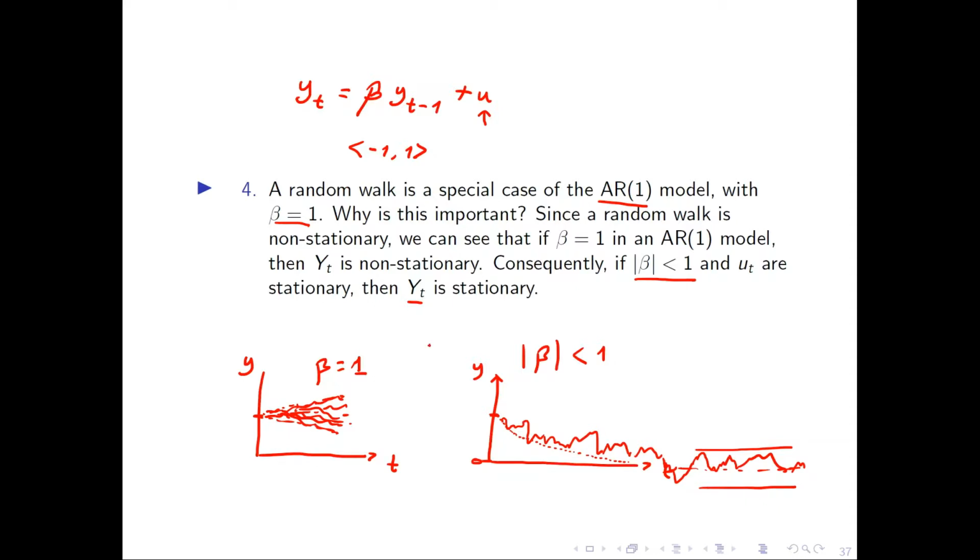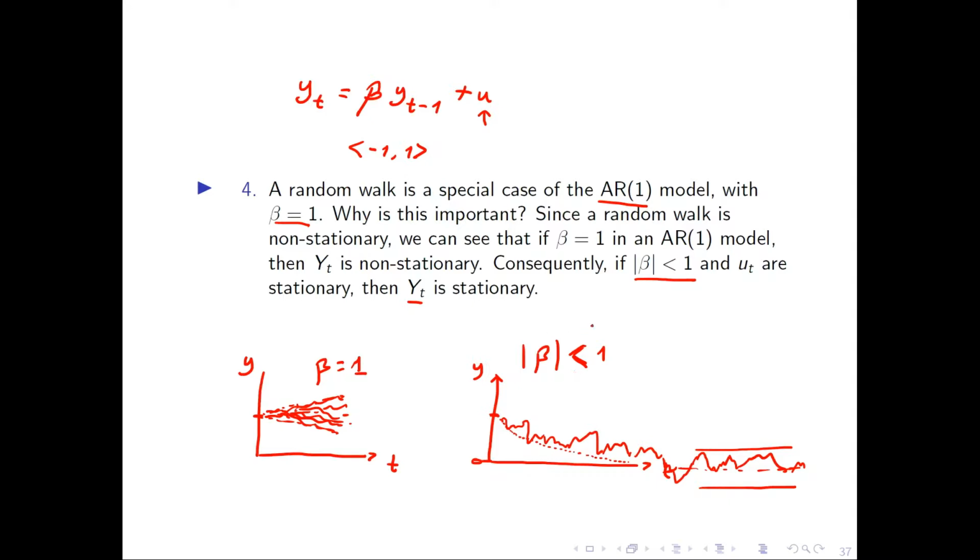So this is why we can say that if the beta coefficient is below 1 in absolute magnitude, then you have this force which limits how far away from the average this process can go.